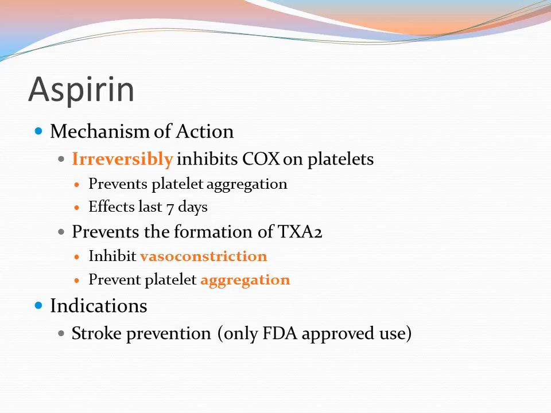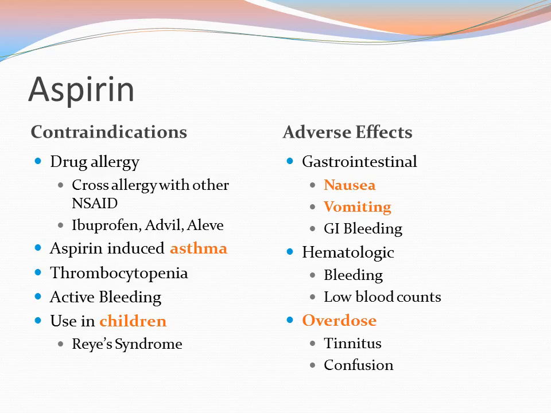So even though it's not truly FDA approved, you might still see it used off-label. It typically has to do with preventing some sort of platelet aggregation, whether it's for an MI, a CVA, a PE, a DVT, whatever it might be.